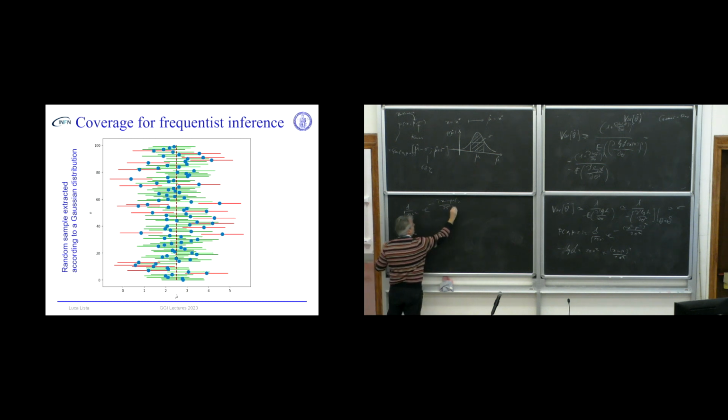So if I do minus 2 logarithm, which gets rid of this term of the Gaussian distribution, this is basically x minus mu over sigma, squared.